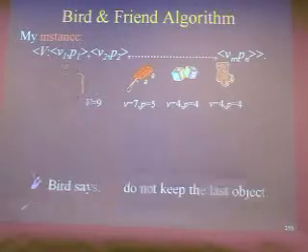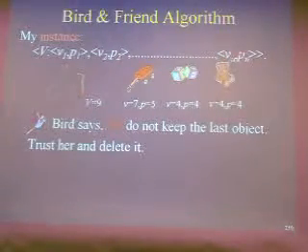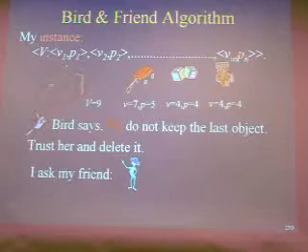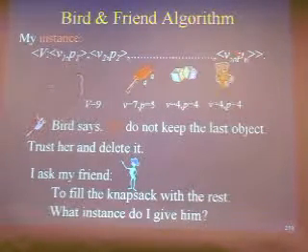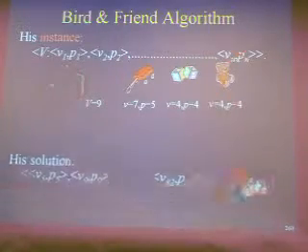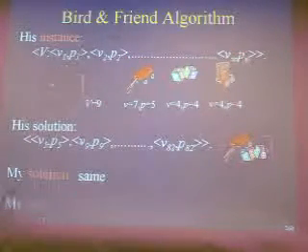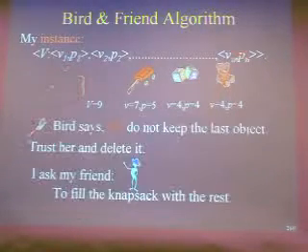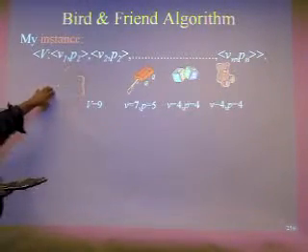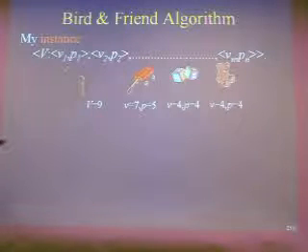In the easy case, if she says no, then we just get rid of the bear. The friend gives us a solution for the same instance minus the bear, and then our solution is the same. I guess we missed that when we put the bear in, the cost of our solution is the cost of our friend's solution plus the price of the bear.